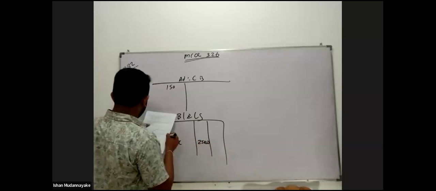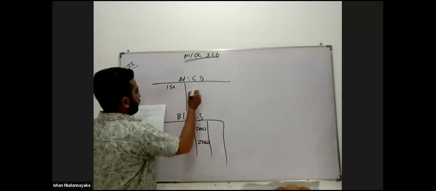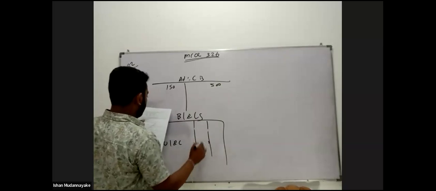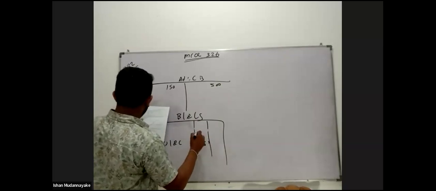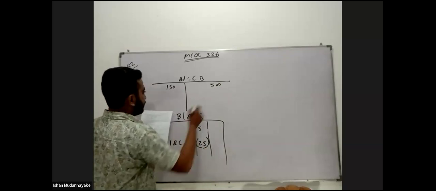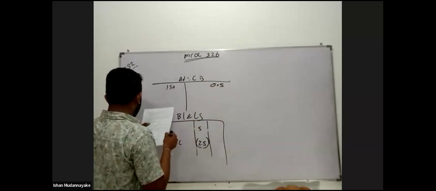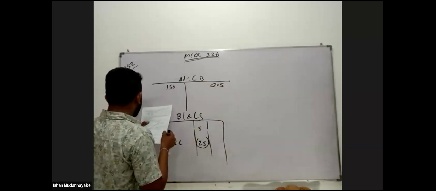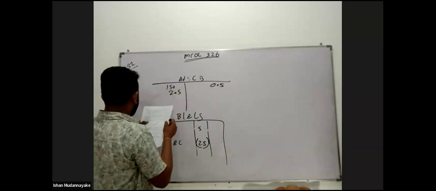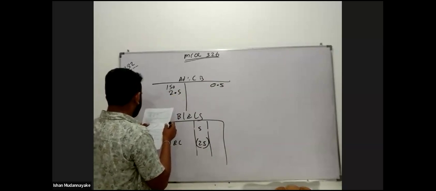Uncredited check 5,000. Bank charges 500. Direct remittances of dividend income 2,500. Deposit check 10,000 has been recorded in the cash receipt journal as 1,000. Another 9,000 need to debit.